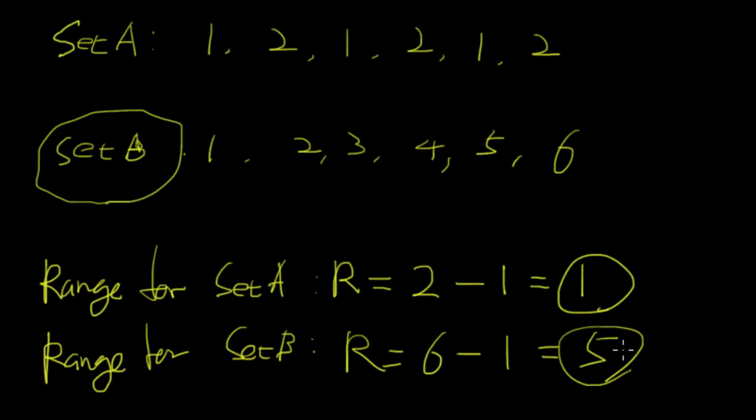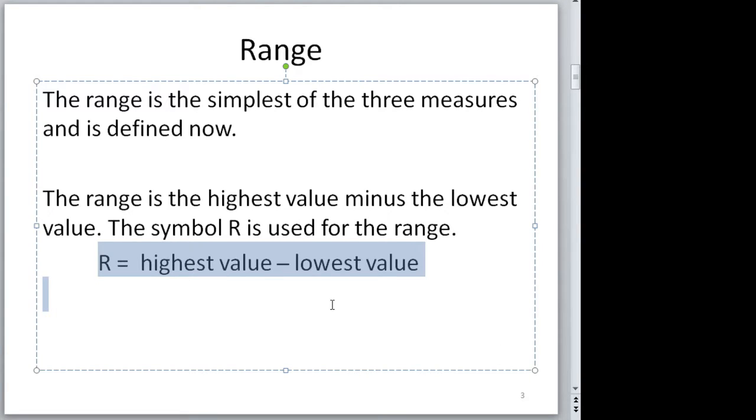We just solved the problem of figuring out how concentrated or spread out these data are, using the range, highest value minus lowest value. Well, that's kind of true, but sometimes it may not be that simple.